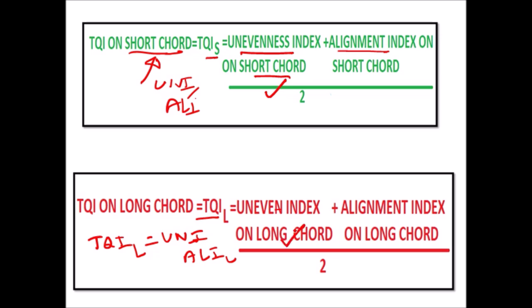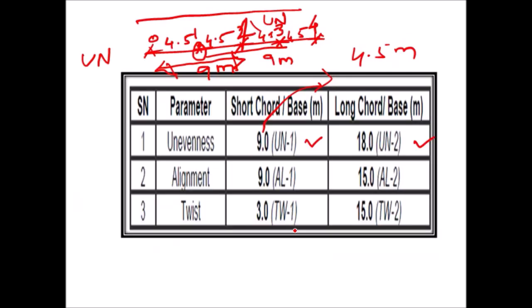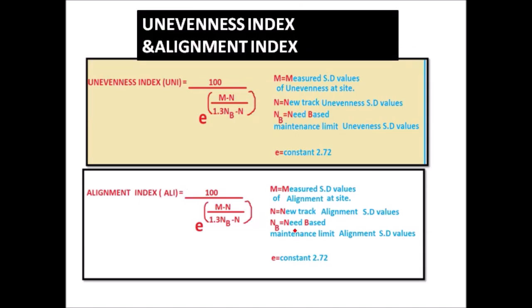So that is the meaning of this short chord. Now I have told you what is the short chord and what is the long chord. Now let us understand the unevenness index and alignment index. The unevenness index is given by 100 by (m e power (m minus n) by 1.3 (nb minus n)). Let us understand what is m.